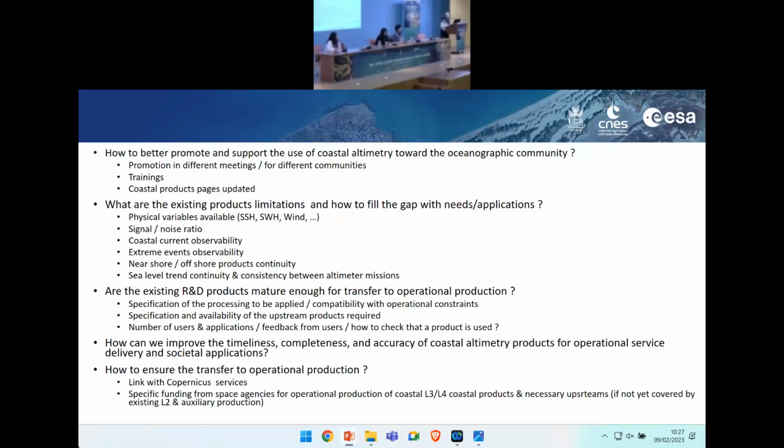I'll start with a simple answer, I think. You need a processor in place that keeps pace with the sensing of the products and churns out level 2 products with an uncertainty. So you can even start with a product.